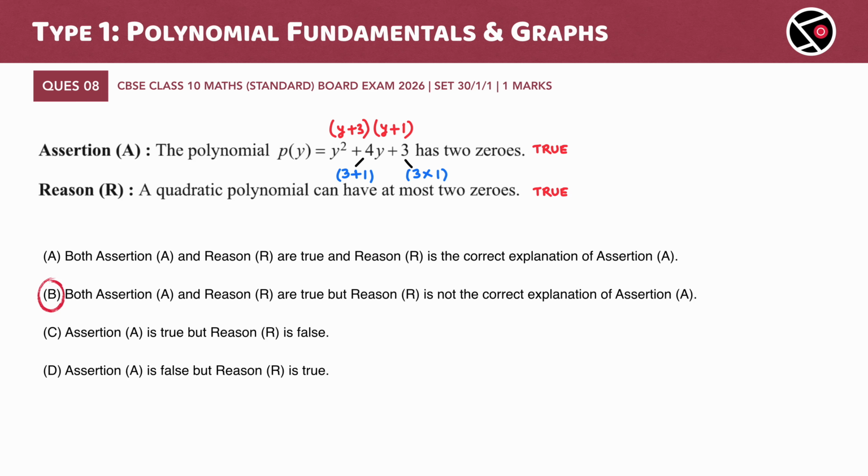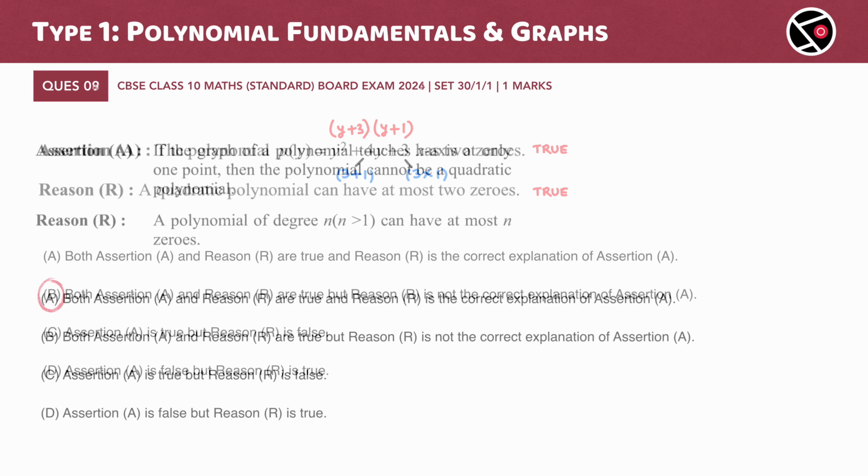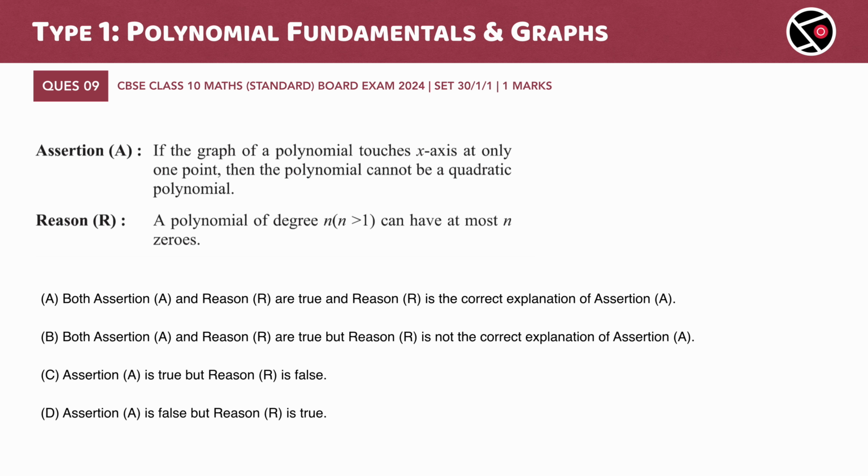Next, we have another assertion reason question. Please pause the video and give it a try. The assertion says that if the graph of a polynomial touches the x-axis at only one point, then the polynomial cannot be a quadratic polynomial.